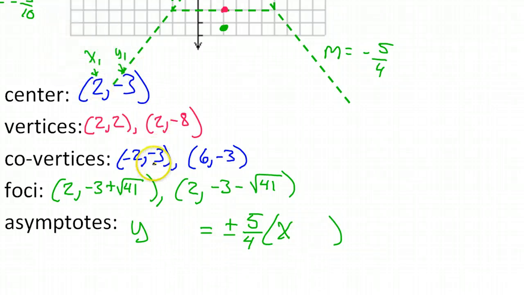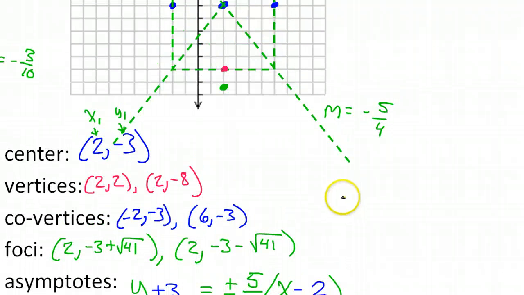Now they will be sort of opposite. So see how this is minus 3 for the y value? It's going to wind up as a plus 3. See how this is a positive 2? With the x, it's going to wind up as a minus 2. So that is a great equation for both asymptotes because of the plus or minus. And you can just leave it like that.